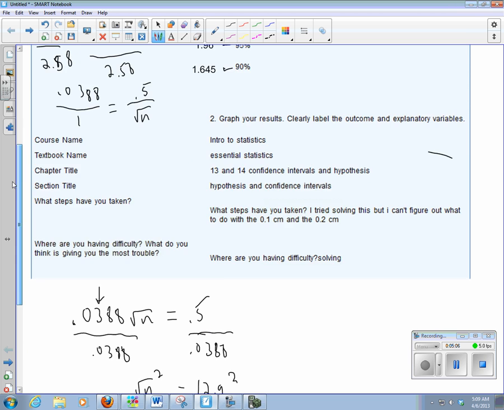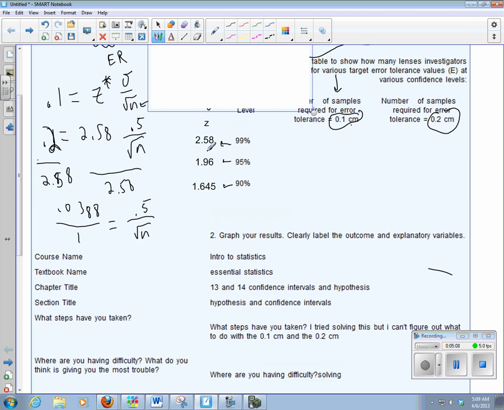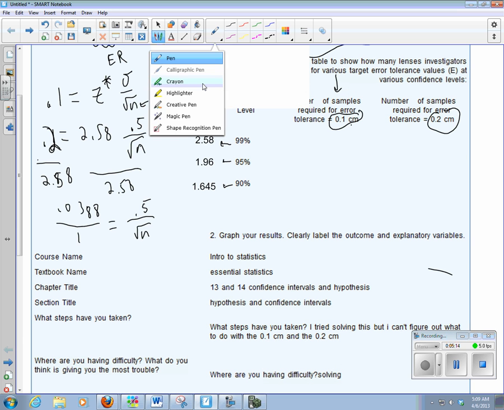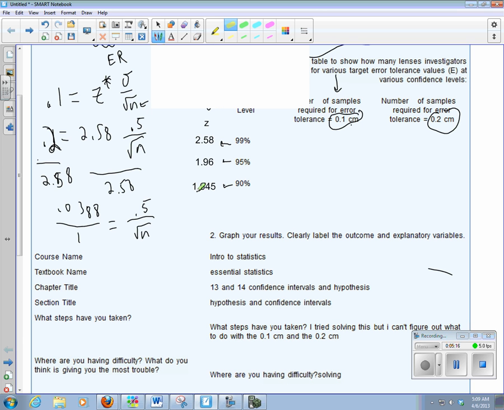The only thing that changes as you change your level of confidence is that you would replace the z-score with that other z-score. And then it's the same process. Hope that helps you solve this problem.